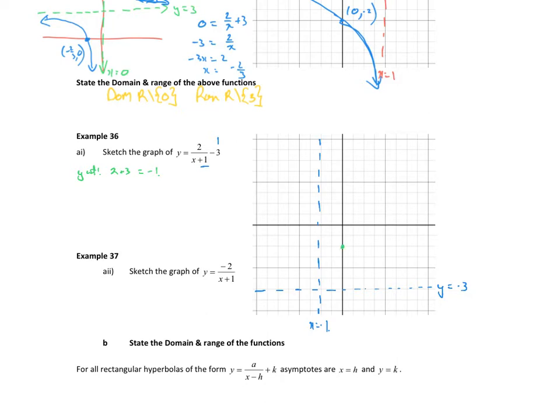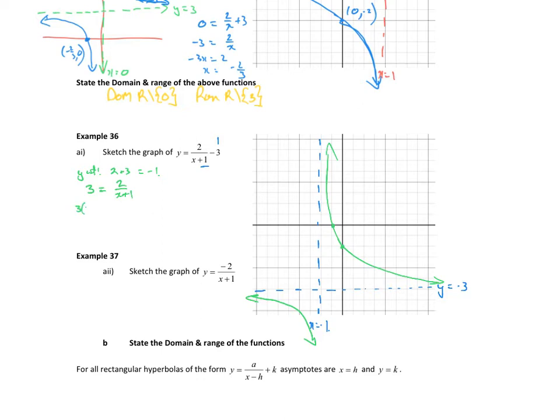So that makes it a bit easier now. We know that my x-intercept is obviously going to be negative. And we go a little bit like that, and my other line will be down in here somewhere. So let's find that x-intercept. Put y equal to 0, so I'll get 3 is equal to 2 over x plus 1.